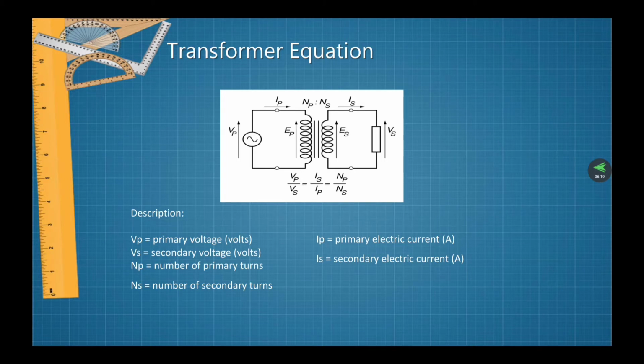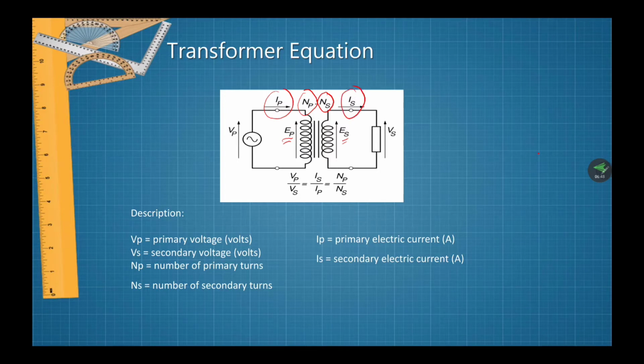This is the transformer equation. We can see this is for the primary coil, and this is for the secondary coil. This IP is the primary electric current, and NP is the number of primary turns, and NS here is the number of secondary turns.